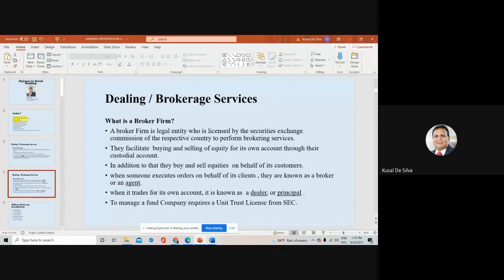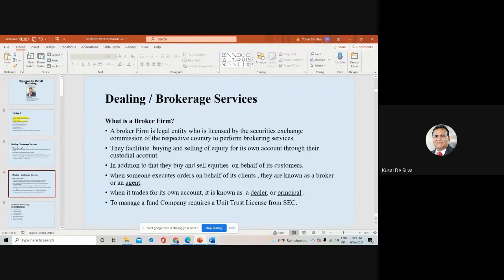For example, NDB, Sampath Bank and HNB have their own brokering companies. Some may have 100% ownership, some may have a sizable investment. But it should be a legal entity licensed by the Securities Exchange Commission. Otherwise, they can't be a share broker firm.